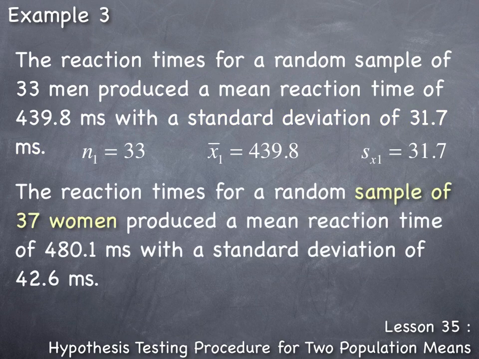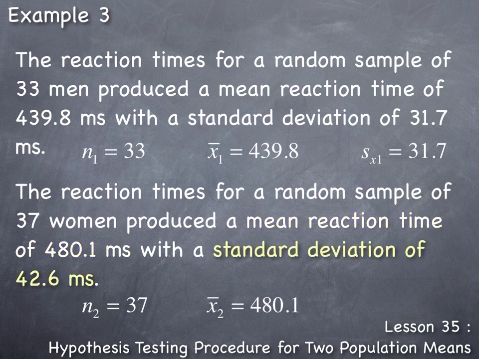Now when we're told we have a random sample of 37 women, women being our second population, we know that the sample size for our second sample, n2, equals 37. And this sample produced a mean reaction time of 480.1 milliseconds, thus telling us that the mean for the second sample, x bar 2, equals 480.1.